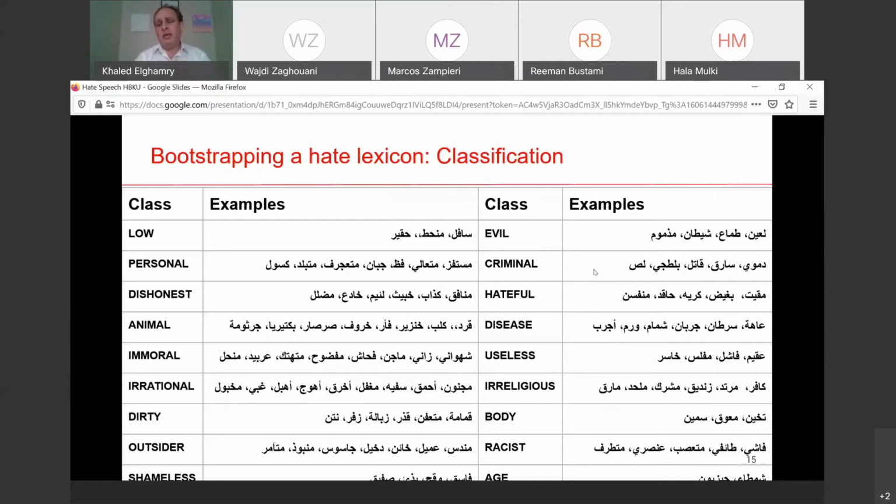These are the classes I found relevant to the classification of the hate speech terms.